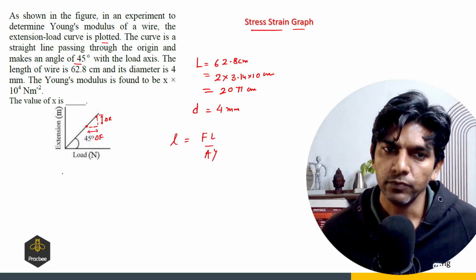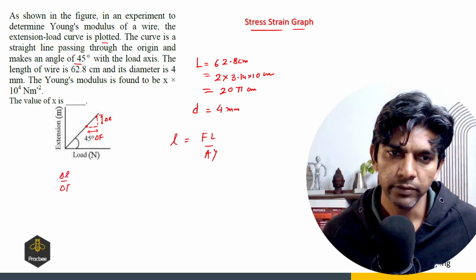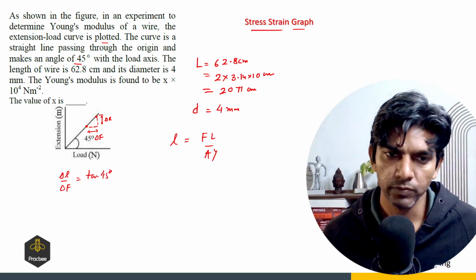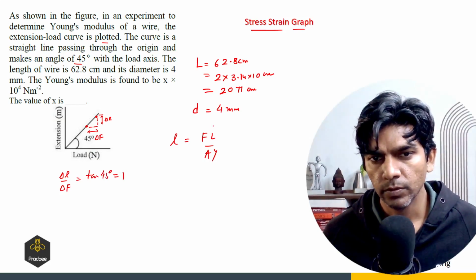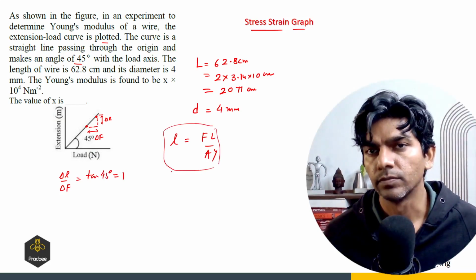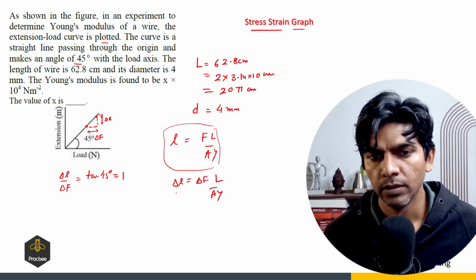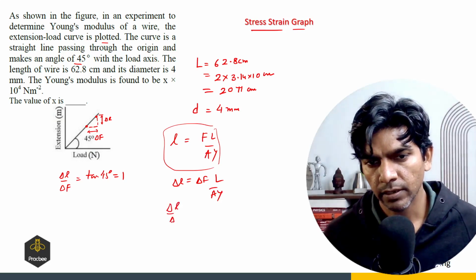So from this we can find delta L upon delta F, which will be nothing but tan 45 degree. So we can find the slope, which is nothing but 1. So in this equation, if I take the change, delta L will be delta F times L upon AY, and delta L by delta F will be L upon AY.